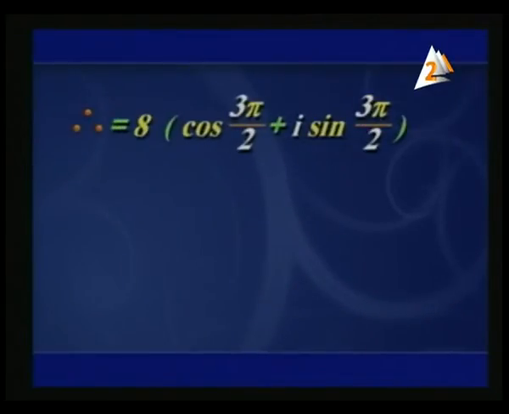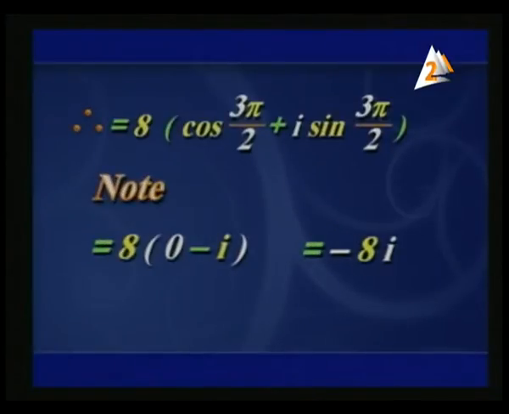Therefore, it equals 8 times (cosine 3π/2 plus i sine 3π/2), which equals 8 times (0 minus i), equals negative 8i, equals 8e^(3πi/2). Now, dear students, let's go to another example.